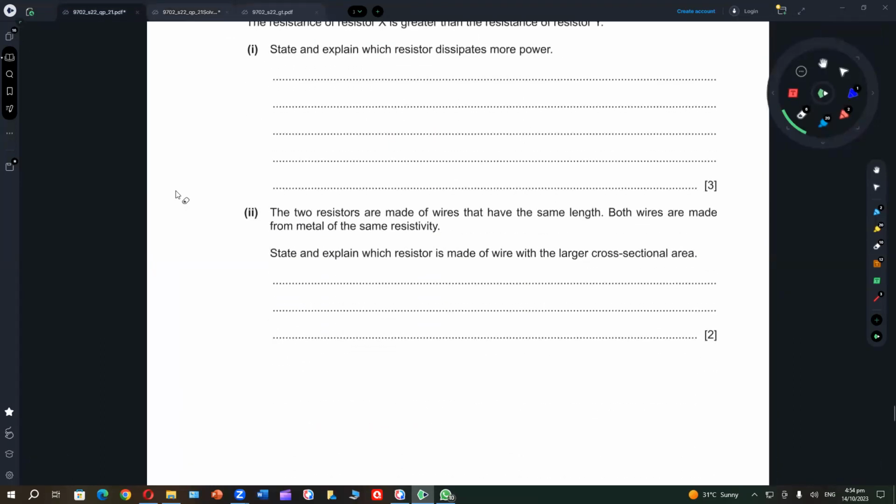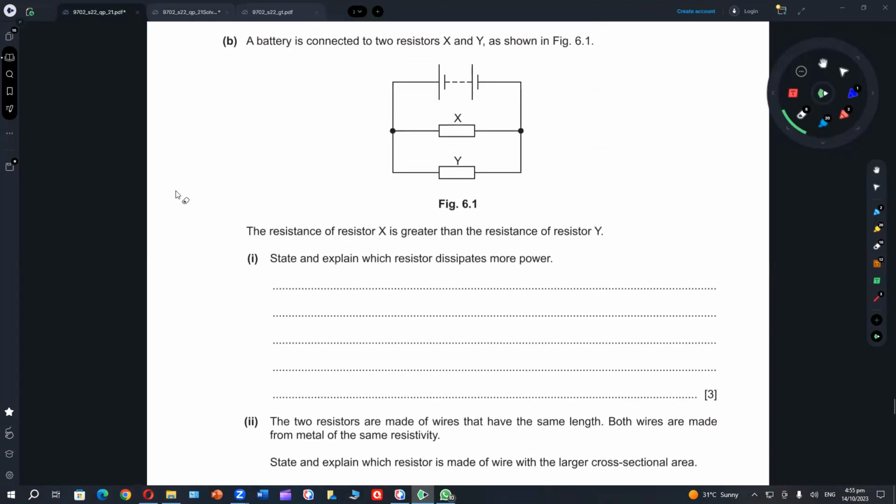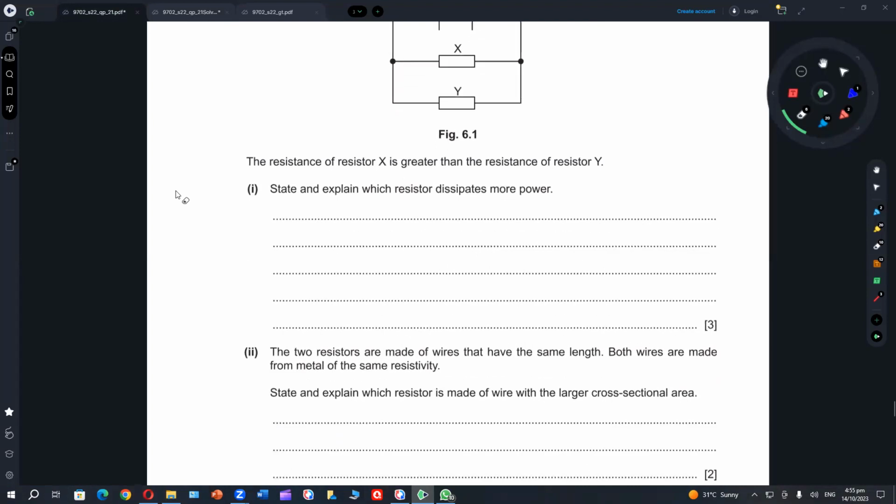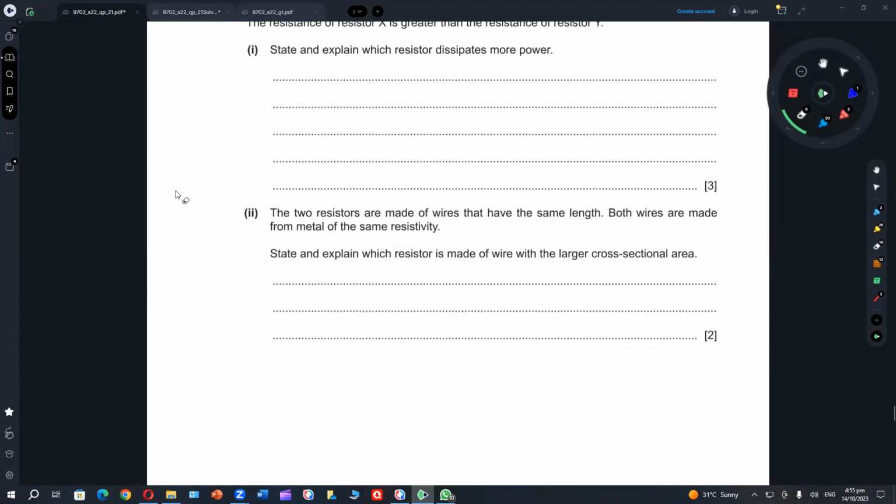The two resistors are made of wires that have the same length. Both wires are made from metal of the same resistivity. Explain which resistor is made of wire with a larger cross-sectional area. He has already mentioned that resistance of resistor X is greater than resistance of resistor Y. And you know that R, what's the concept?